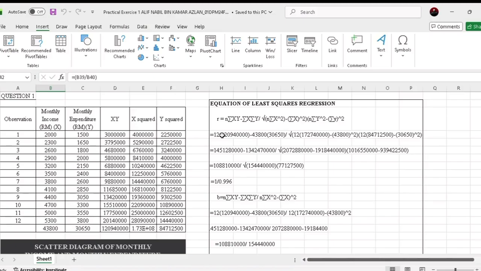We put the values in the formula, and we get the value of r.